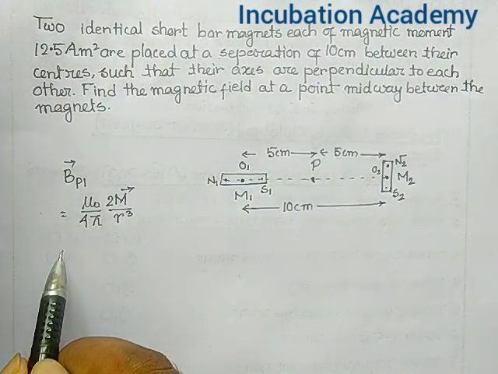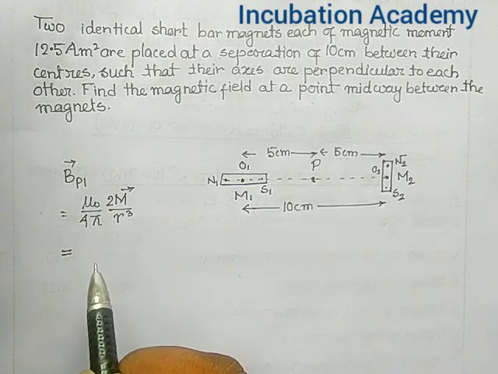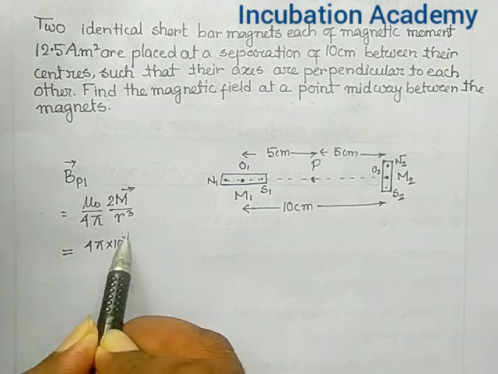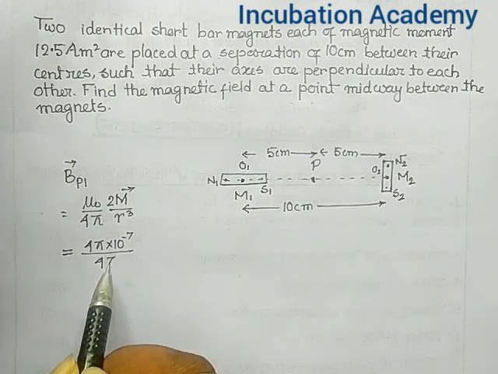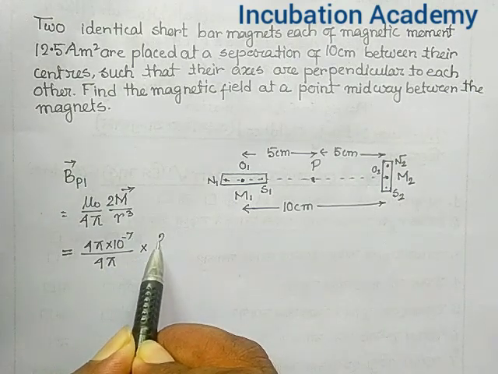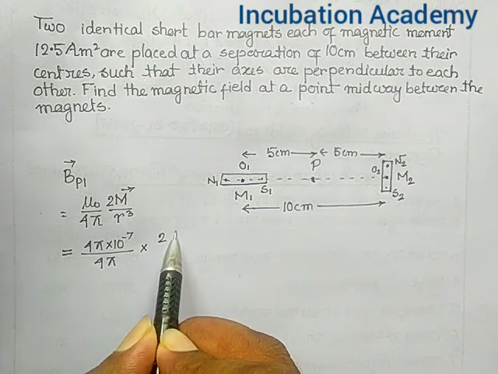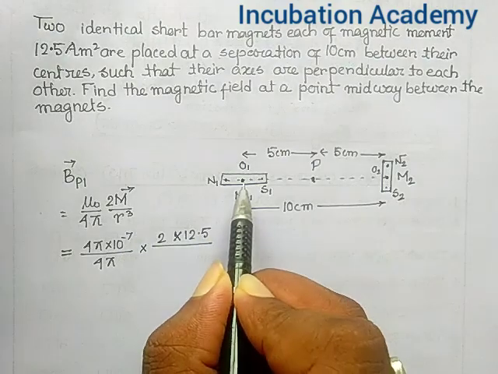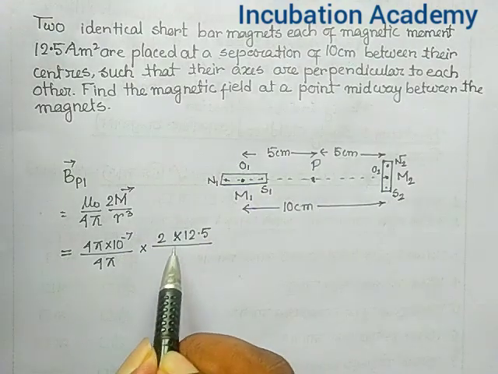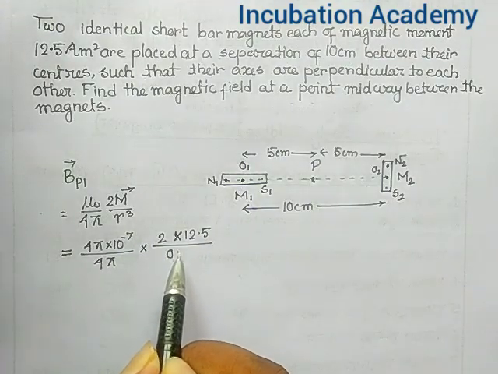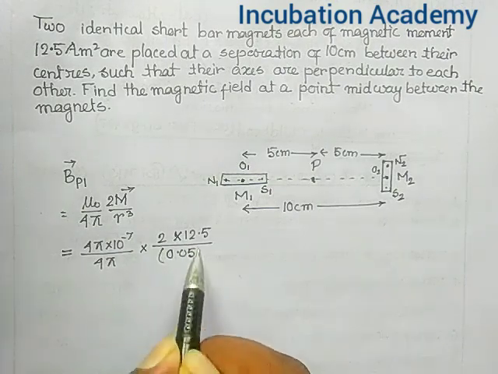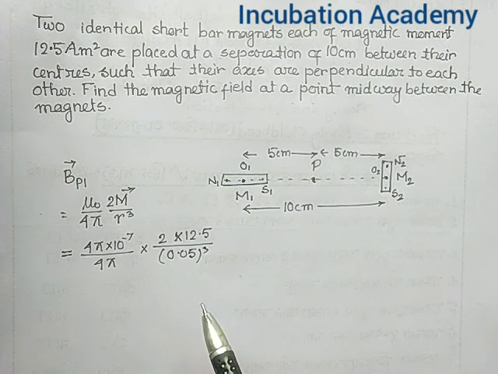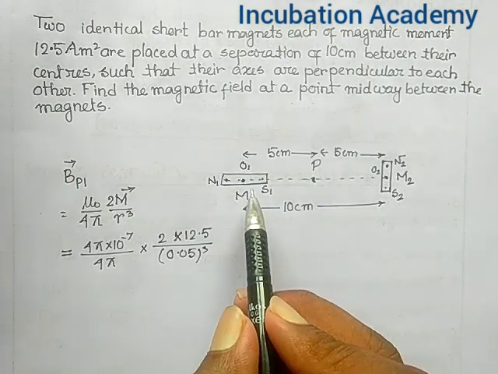So I am placing the values: 4 pi into 10 to the power minus 7 divided by 4 pi, into 2. The magnetic moment's value is 12.5. The separation between O1 and P is 5 centimeter, so it is 0.05 whole cube. What is the direction of BP1?